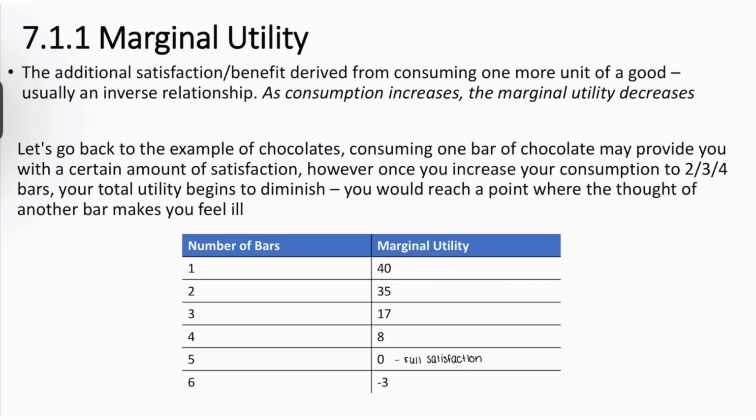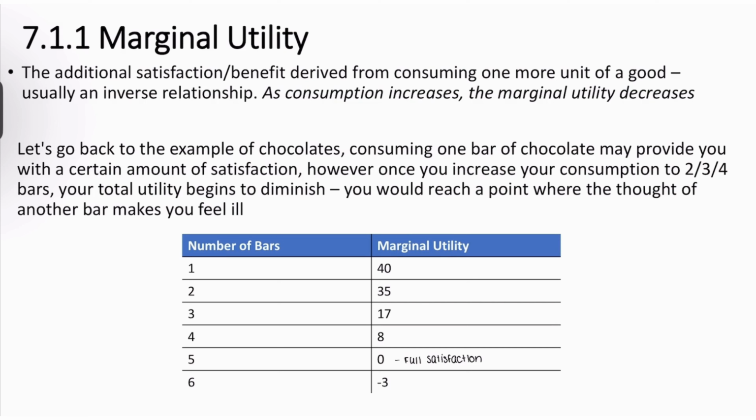Consuming one bar of chocolate may provide you with a certain amount of satisfaction. However, once you increase your consumption of chocolate bars, your total utility will begin to diminish. You'd reach a point where the thought of another chocolate bar would make you feel ill. As you can see on this graph below, as the consumption of chocolate bars is increasing, marginal utility is decreasing.